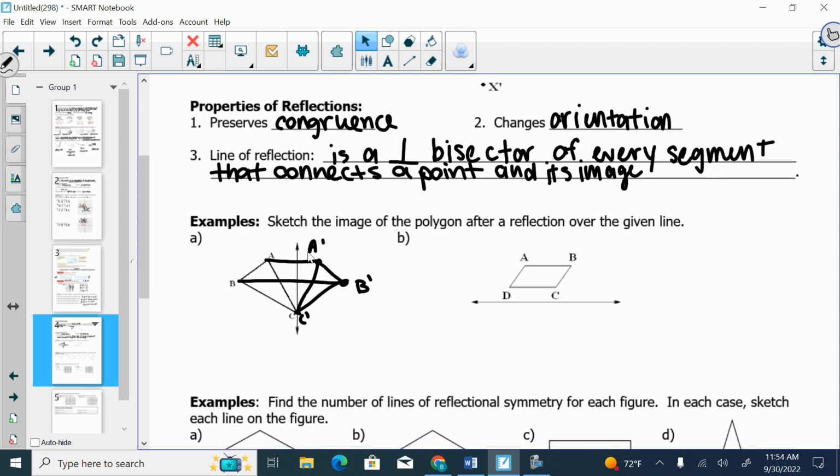It should be the same thing for B. On B, they're saying we're reflecting across this horizontal line instead of a vertical line. But that means that D should have a matching point somewhere right here. And C is going to have some reflected point right here. And then B is going to have some reflected point down here.